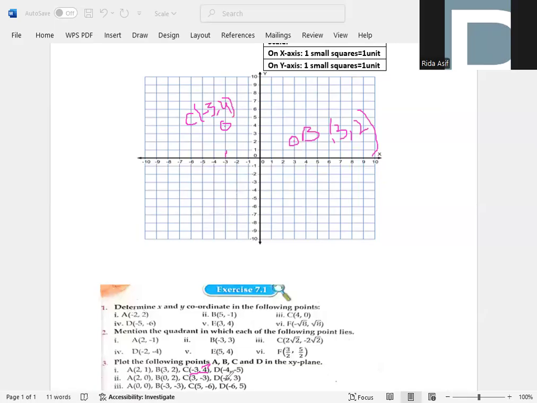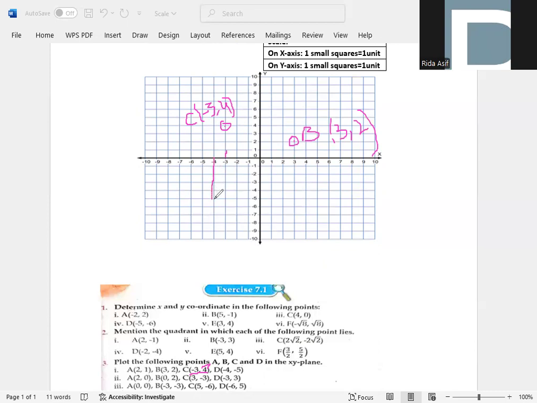That's it. Now, what about this point D? Both the values are negative. What do you think? Yes. When both the values are negative, it must lie in the third quadrant. Where does minus 4 lie? Not here. Students, the first value represents the x-axis, so we have to take minus 4 on the x-axis.